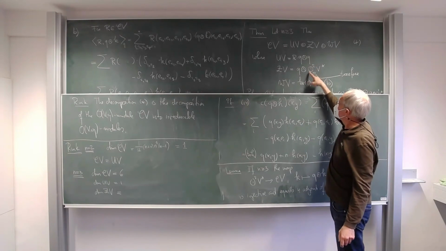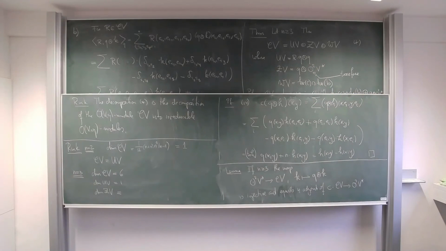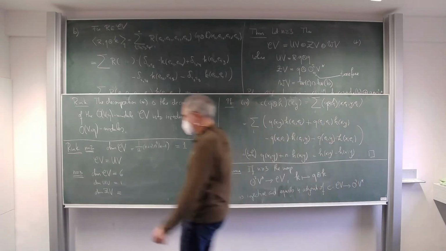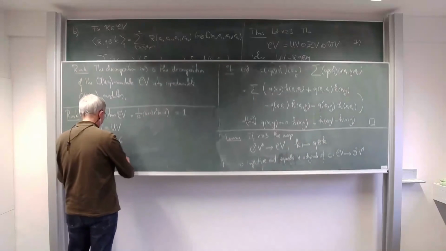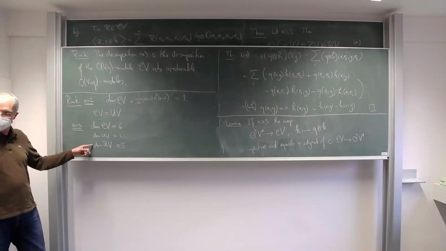Now what's the dimension of that space? V star is 3-dimensional. Trace-free 3 by 3 matrices, symmetric ones. What's the dimension? 5. Yes, it's 5. So we've got already everything here, right?